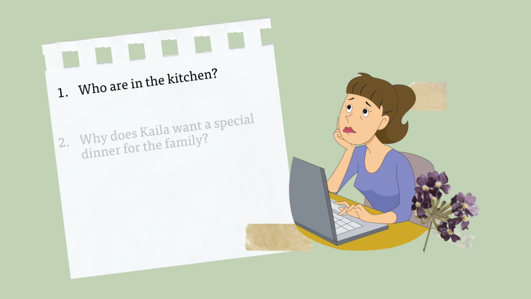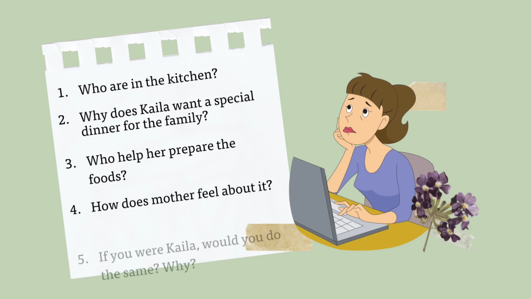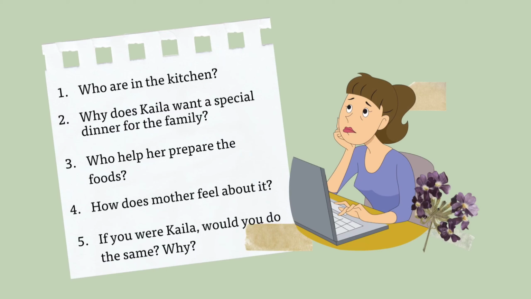Now, let us answer some questions about the passage that we have read. Number 1. Who are in the kitchen? Very good. Father, Kyla, Carlo, and Ida are in the kitchen. Number 2. Why does Kyla want a special dinner for the family? Excellent.